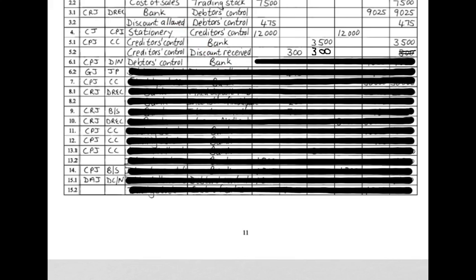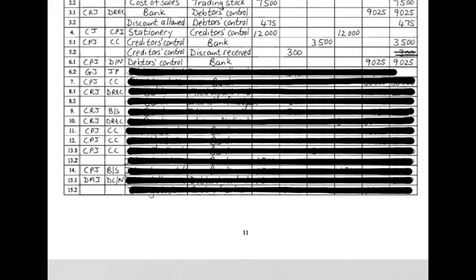The effect of that is that debtors account increases again with the 9,025 and my bank decreases again with the 9,025. Then also the discount needs to be cancelled. So the discount that was allowed now gets cancelled and the debtors control gets cancelled as well. So it's literally just a reverse of what was done in number 3.